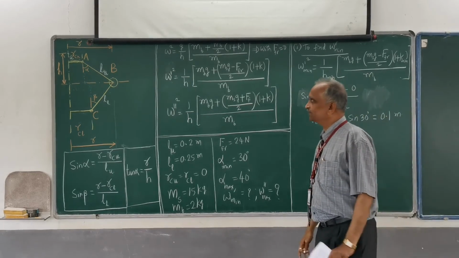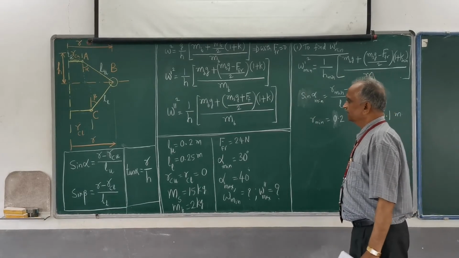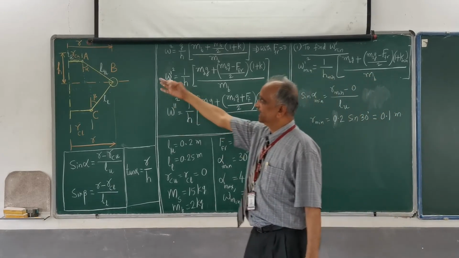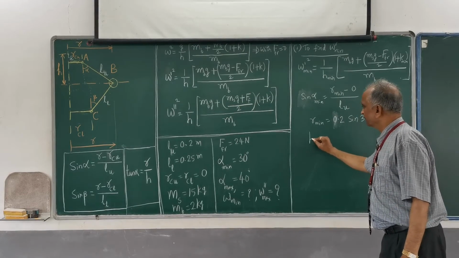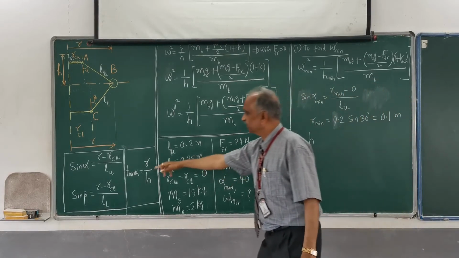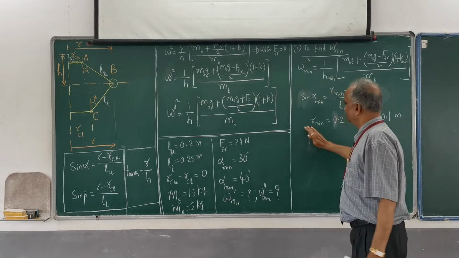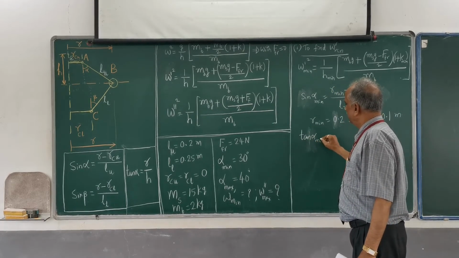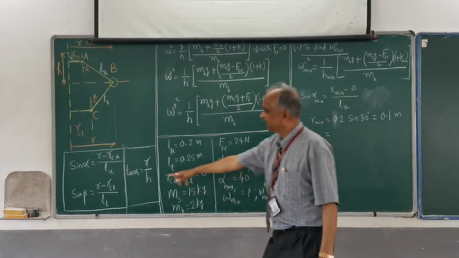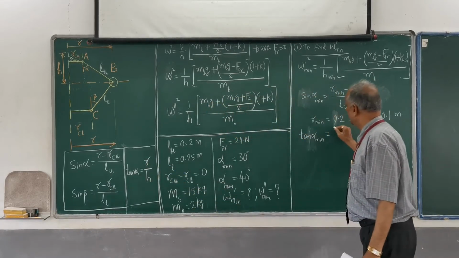Why is R minimum required? Because I want to find H minimum. So making use of this, tan alpha minimum is equal to R minimum.